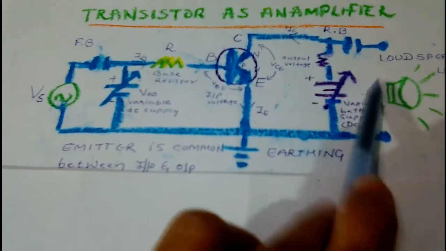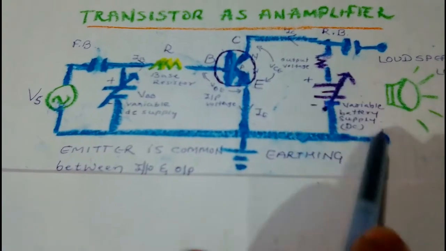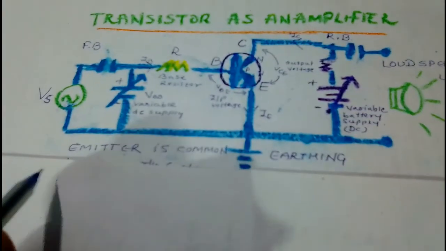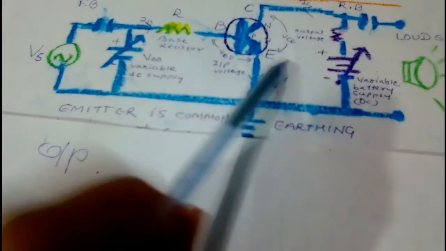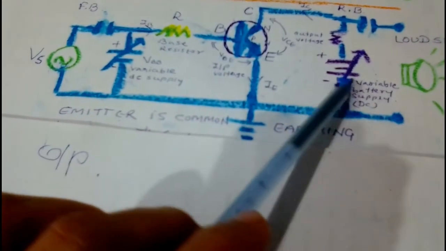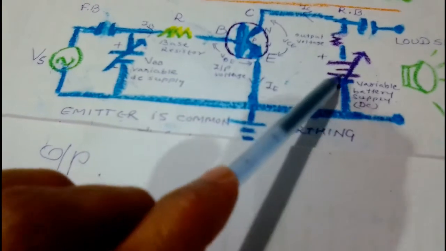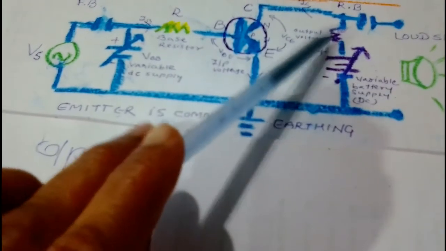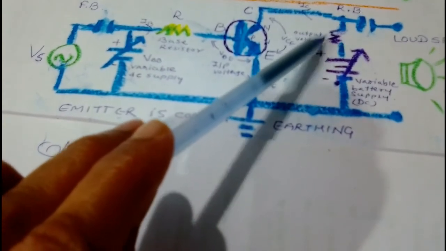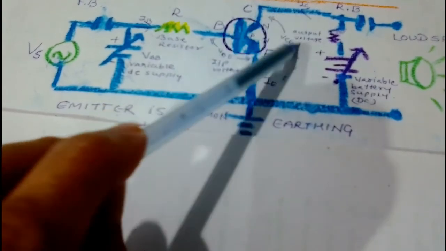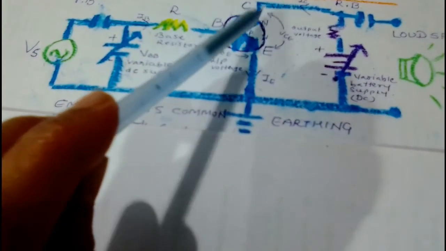Now we'll see what is happening at the output side. Output is across the load resistance. The voltage VCC, the variable DC voltage which is given to the collector, minus the voltage drop across this load resistance, that means IC RL, minus the voltage drop across collector and emitter is equal to 0.